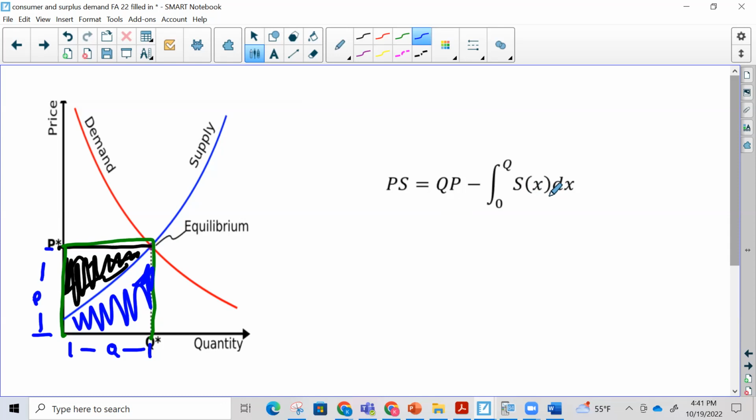Then we take that integral, and that gives us the resulting area between the y value of the equilibrium point and our supply curve. So again, we might write it like Q star, P star. Again, it's our equilibrium point.